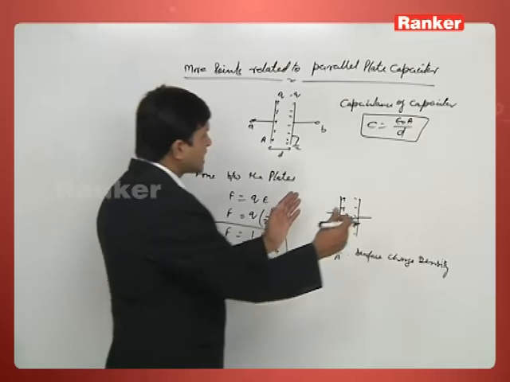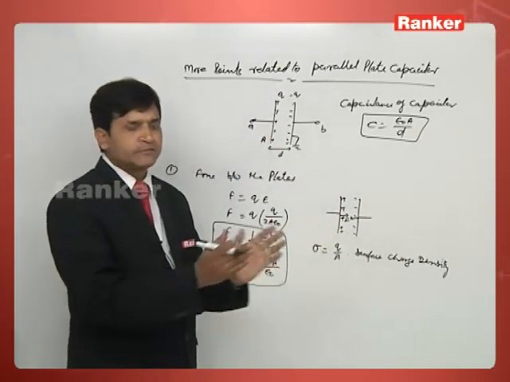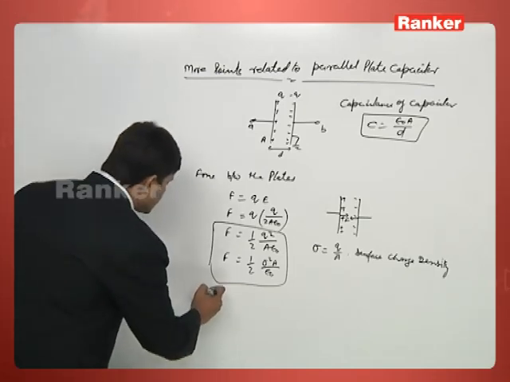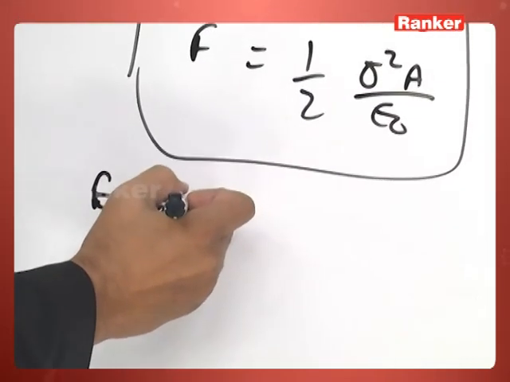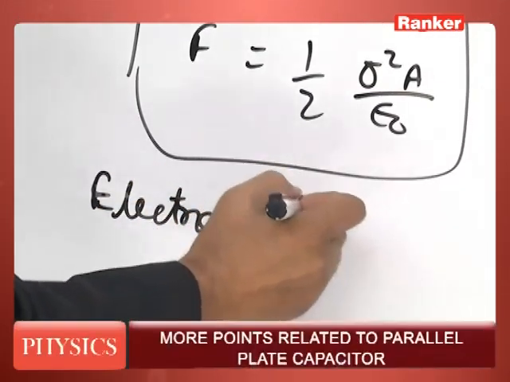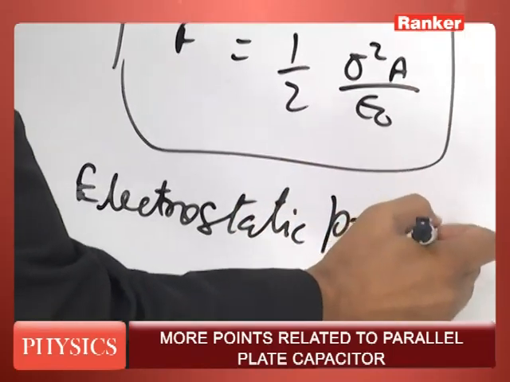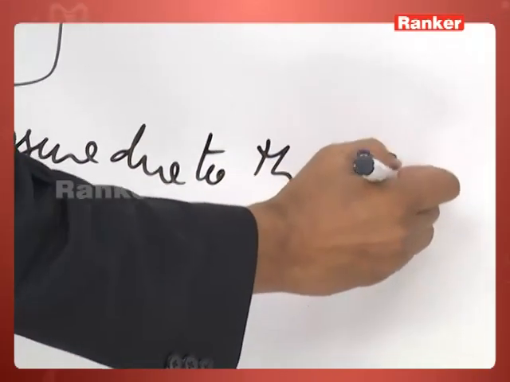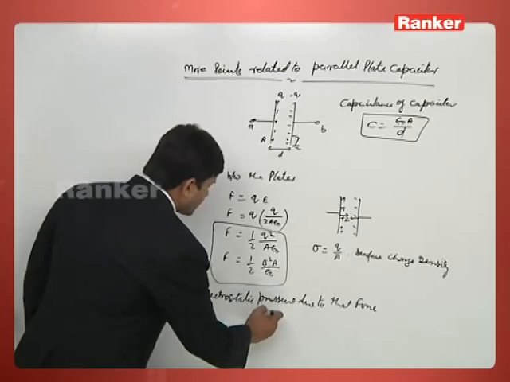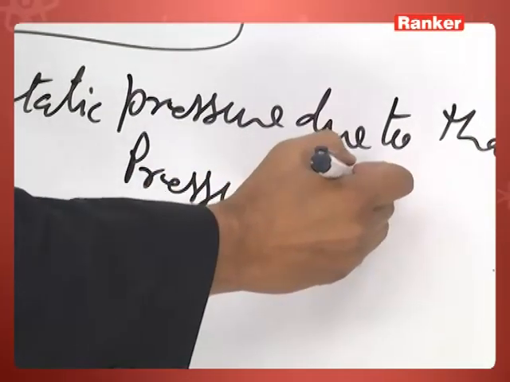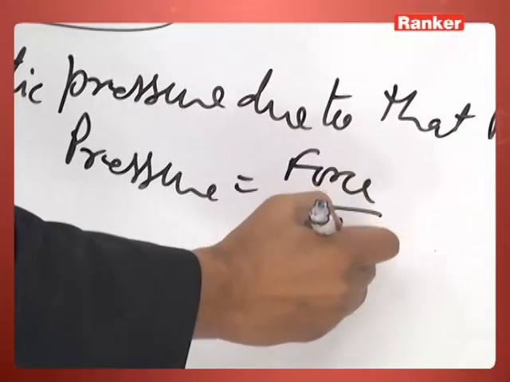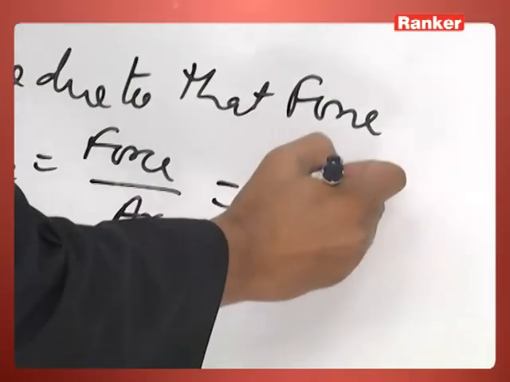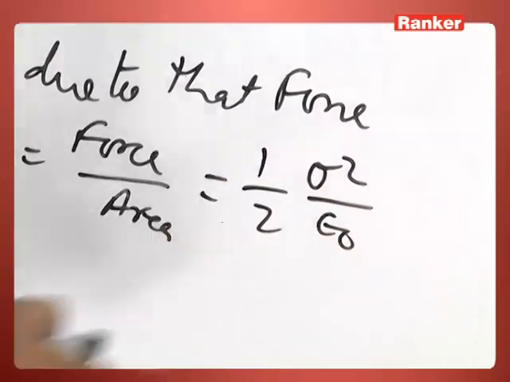When the force acts between the two plates, some pressure is there, so we can find the electrostatic pressure due to that force. Pressure is force per unit area, that is 1 by 2 sigma square by epsilon naught.